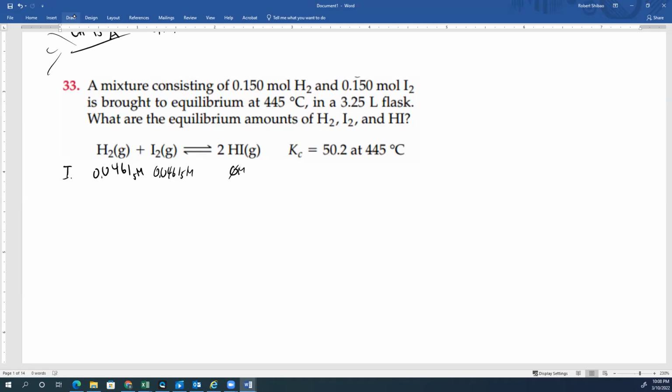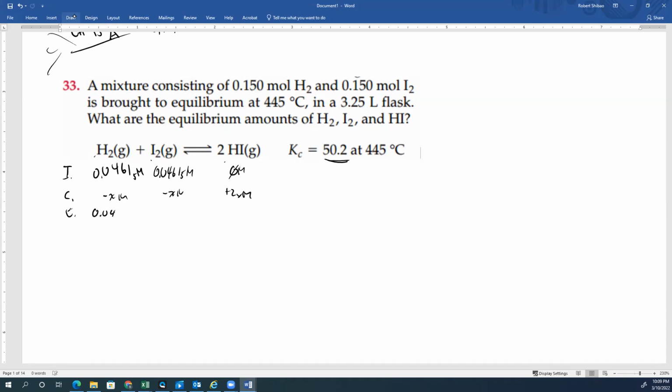This would just be a standard Chem 1B stoichiometry problem. Kc is 50.2, so it's not heavily favoring the product, and it's not heavily favoring the reactant. In this case, I probably wouldn't reset. I might reset. The one reason I would reset this is because I'm going to end up with 2 binomials here. This is going to be minus x molar, minus x molar. That's 1 to 1 to 2, so this is going to be plus 2x molar.